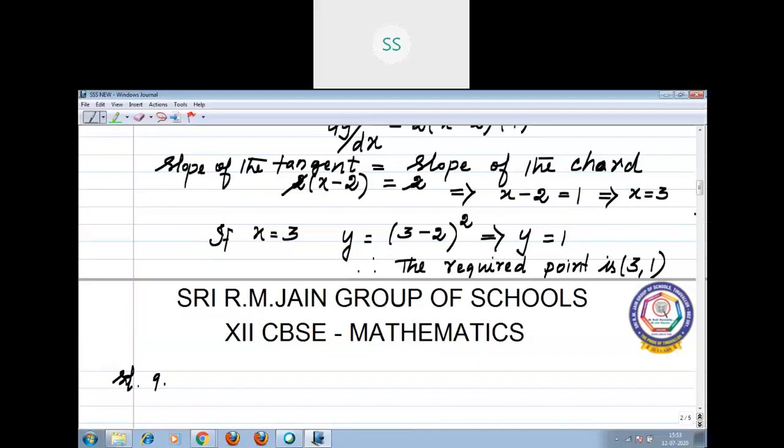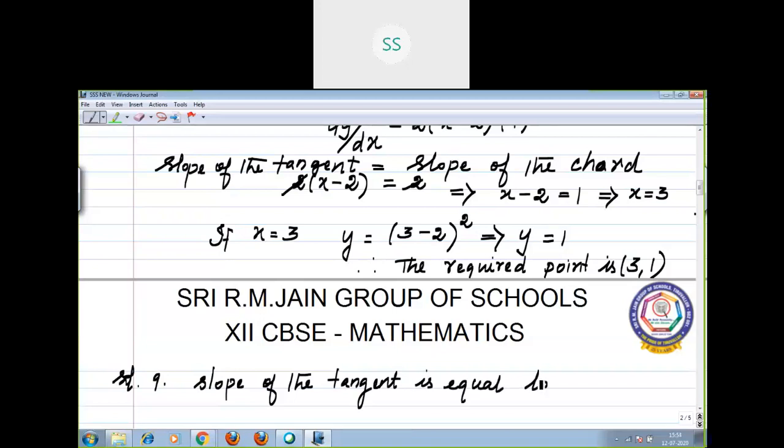Slope of the tangent to the curve is equal to slope of the given tangent.